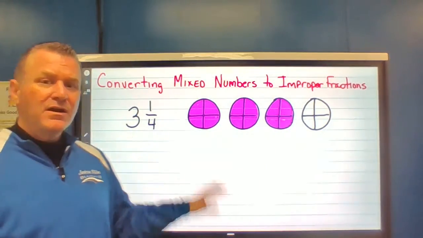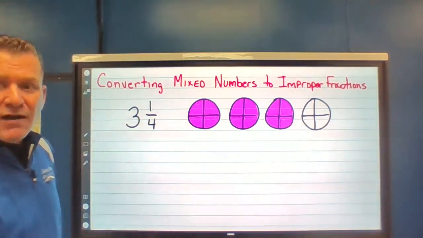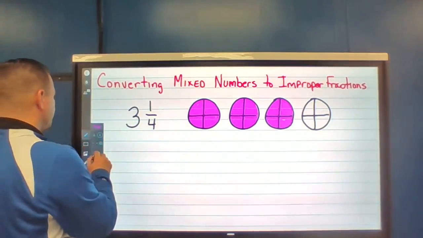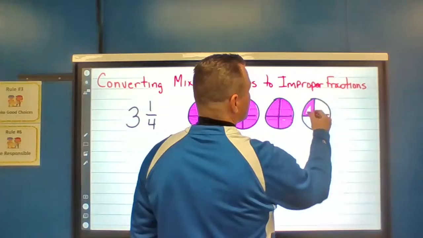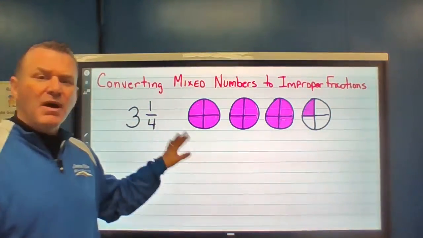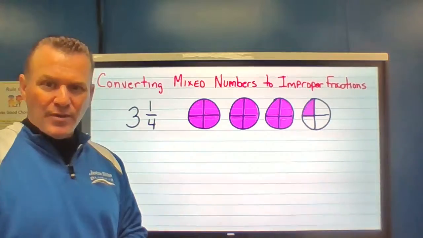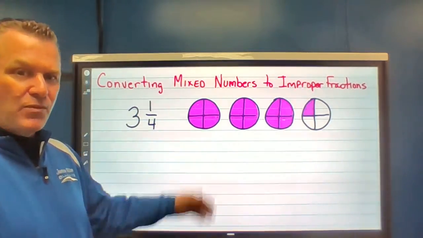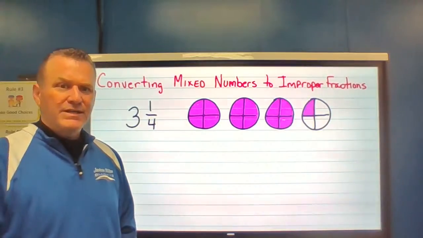Every piece is there. That makes 3 wholes. But I also have 1/4. So there's my 1/4, my 3 1/4. Okay, that's what a mixed number looks like. 3 1/4. Very cut and dry, pretty easy.